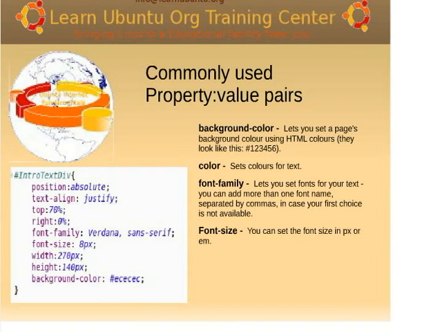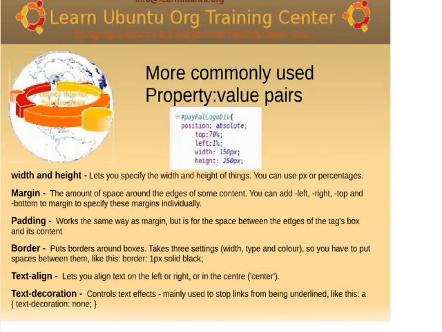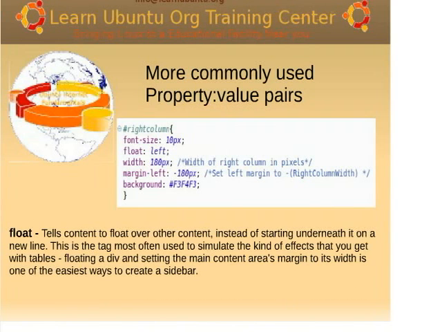Some more commonly used value pairs include width and height, margin, padding, border, text-align, text-decoration. Again, these are all specified in lowercase in the CSS. This is Impress being helpful and capitalizing my letters for me, and I didn't catch it.